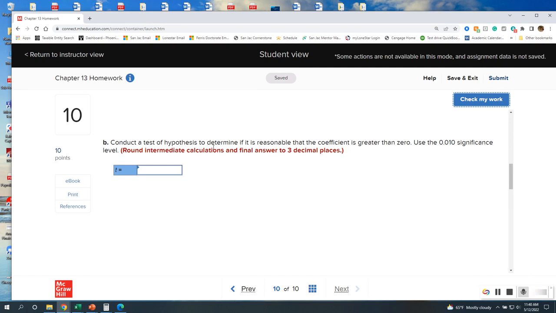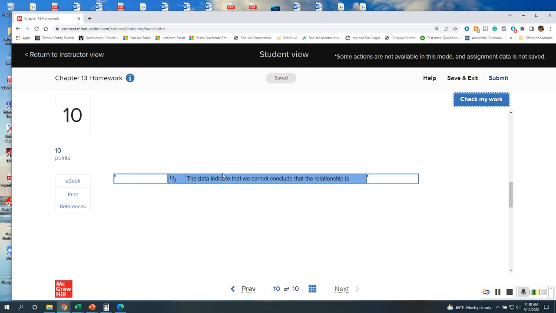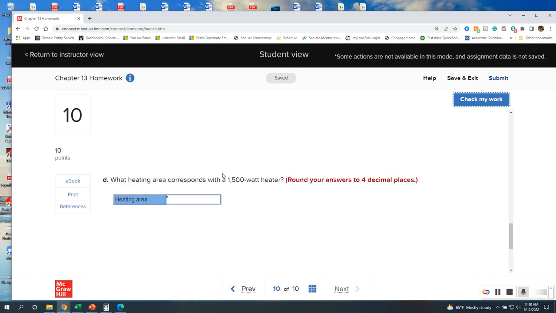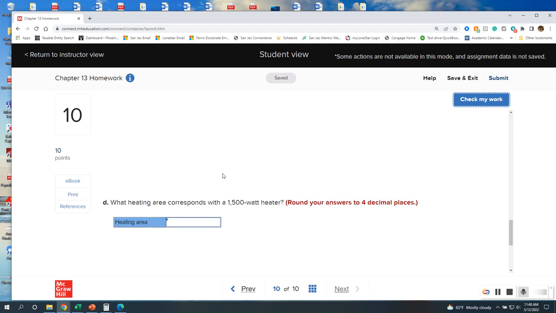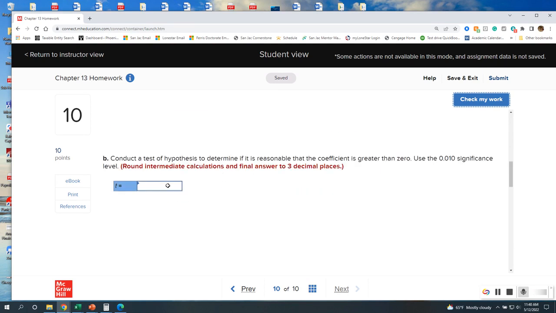So conduct a test of hypothesis to determine if it is reasonable that the coefficient is greater than 0. Use the 0.01 significance level. Round intermediate calculations to 3 decimal places. Okay. So basically, I think this is just a t-test.